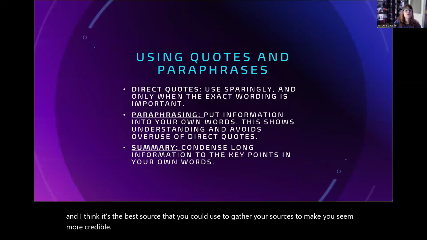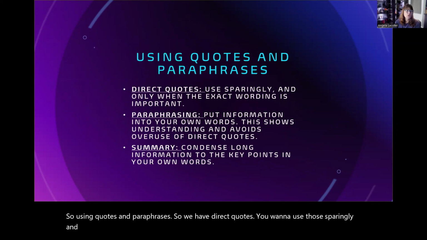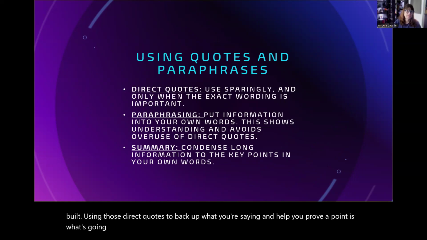So, using quotes and paraphrases. So we have direct quotes. You want to use those sparingly and only when the exact wording is important. So this is where your credibility can really be built. Using those direct quotes to back up what you're saying and help you prove a point is what's going to build your credibility.